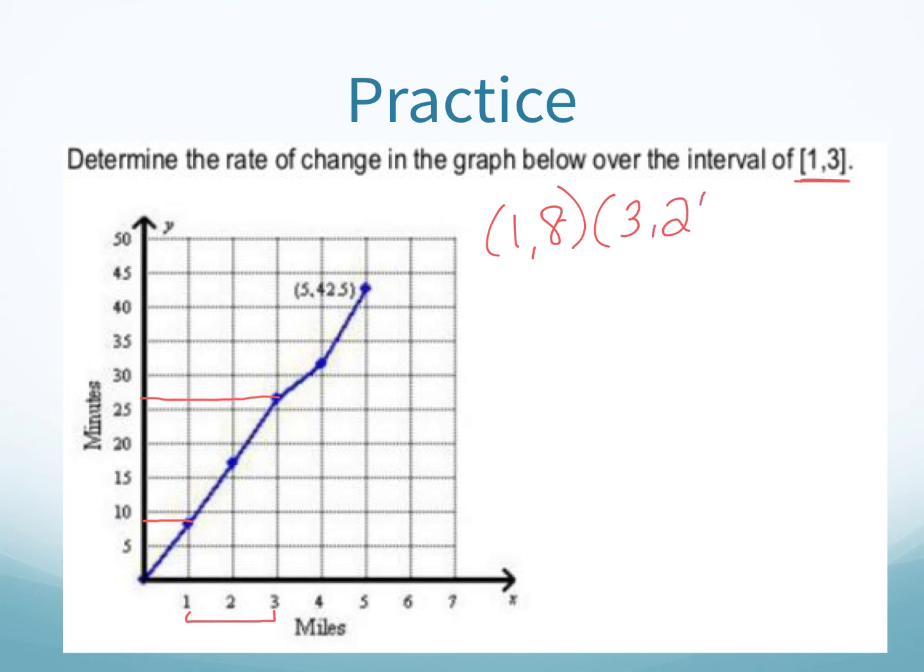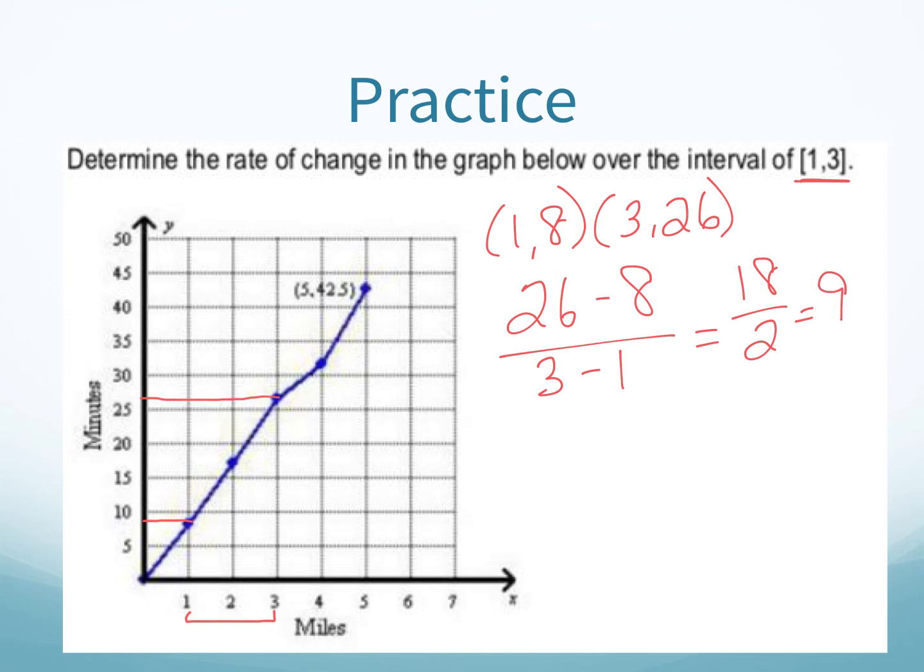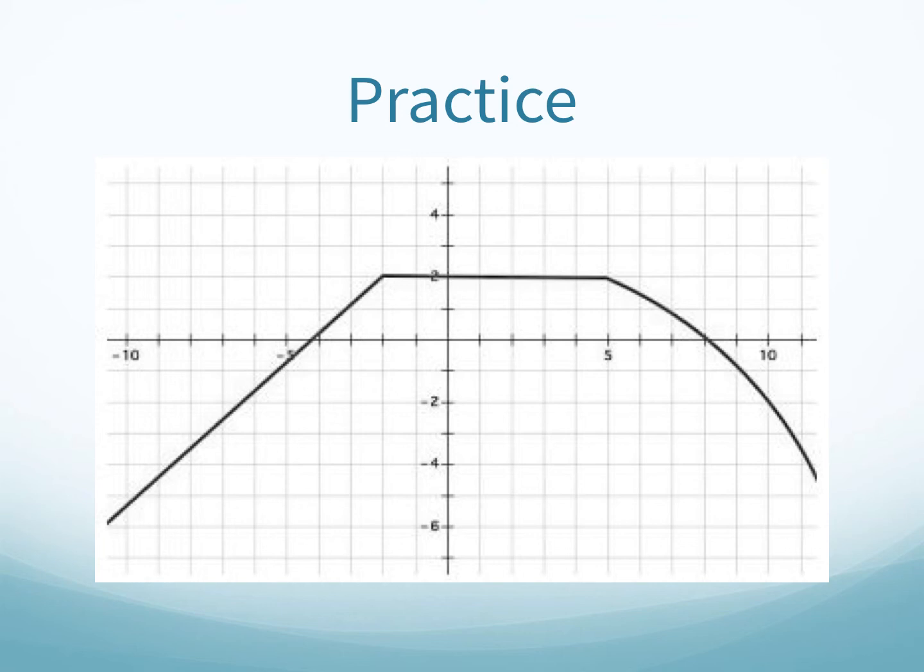And then I'm really just going to use my slope formula. So I have 26 minus 8 over 3 minus 1. Well, 26 minus 8 gives me 18. Over 3 minus 1 is 2. My average rate of change is 9. All it is is the rate of change between those 2 specific points.